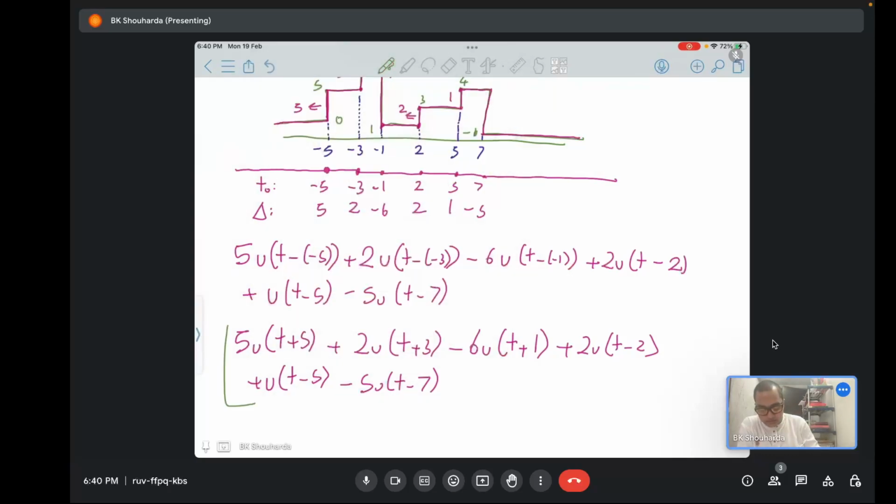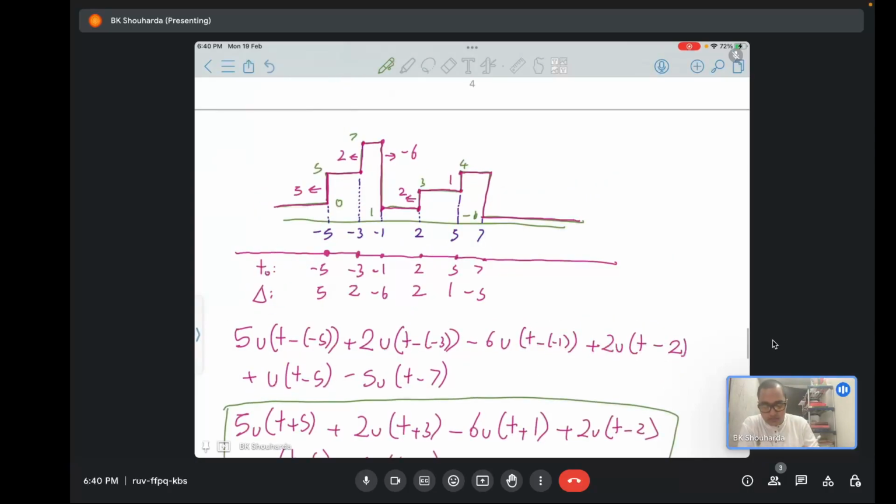And let's say the signal started with some other value, let's say rather than 0, if it was 2, what would you do? Start from 2 and do all these calculations, calculate all the deltas and then continue, and at the end you add these two. So it will not be 5 over here, it would be 3. Then all those things would have remained same because the other deltas are same.